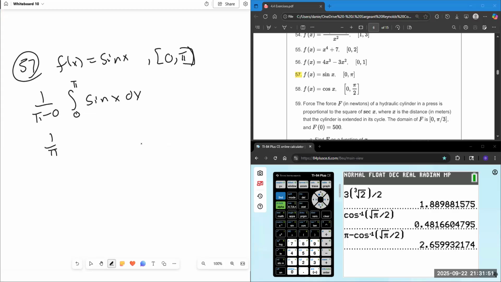This is going to be 1 over pi times negative cosine x from 0 to pi: cosine of pi is negative 1, minus cosine of 0 is 1. That's a negative 2 times that negative 1 over pi, which is 2 over pi.